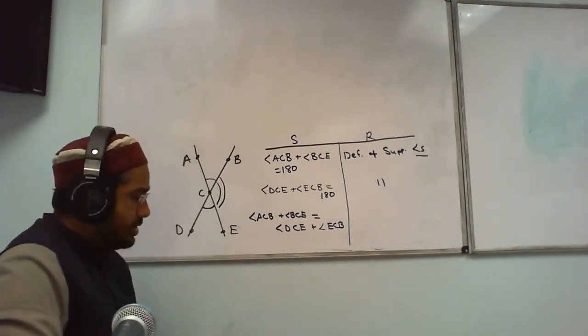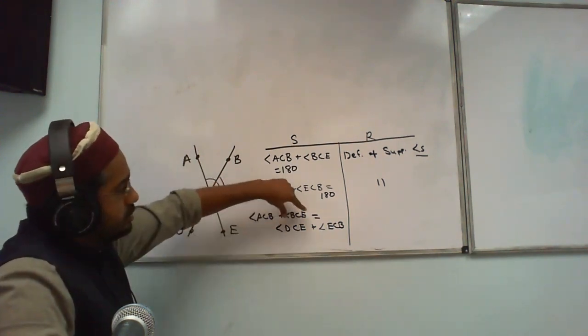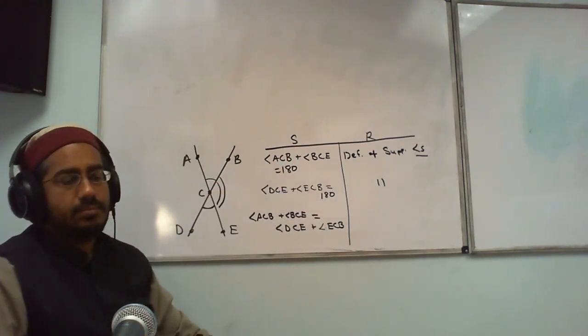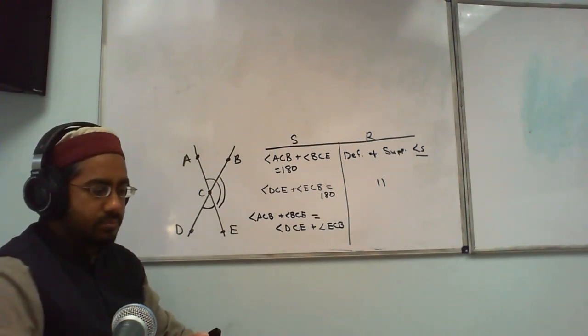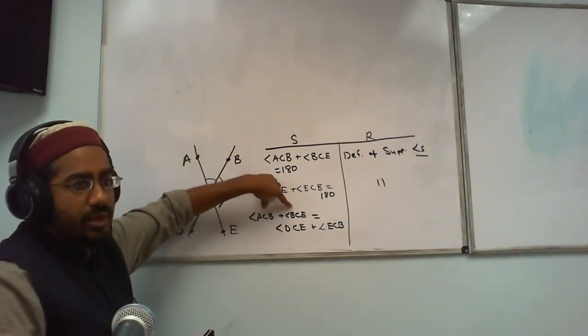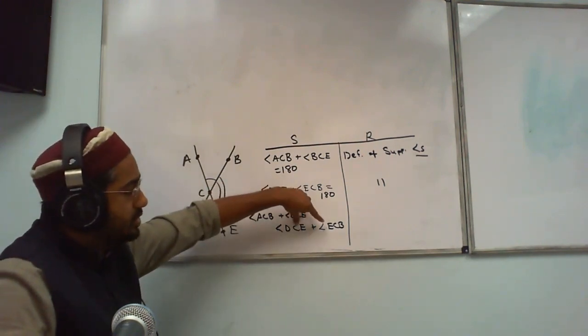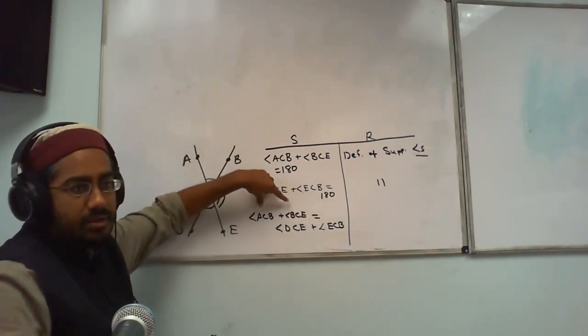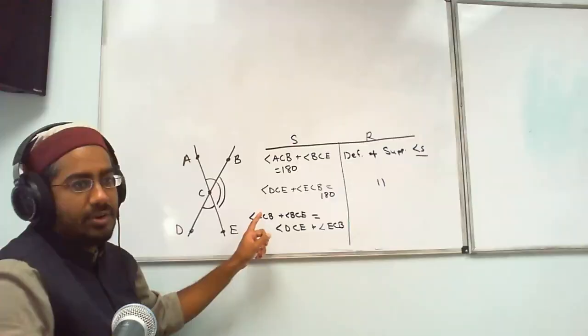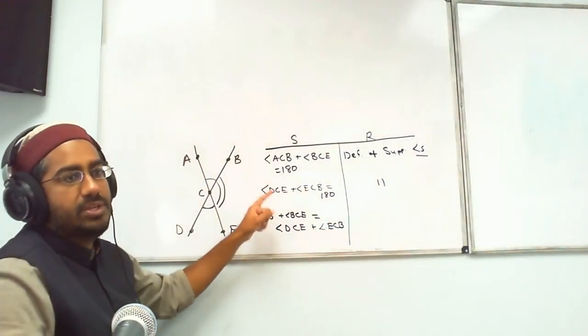How did I get that? How did I get that these two angles are equal to these two angles from the statements above? These two angles here are equal to these two angles down here, right? How did I get this statement from the statements above?